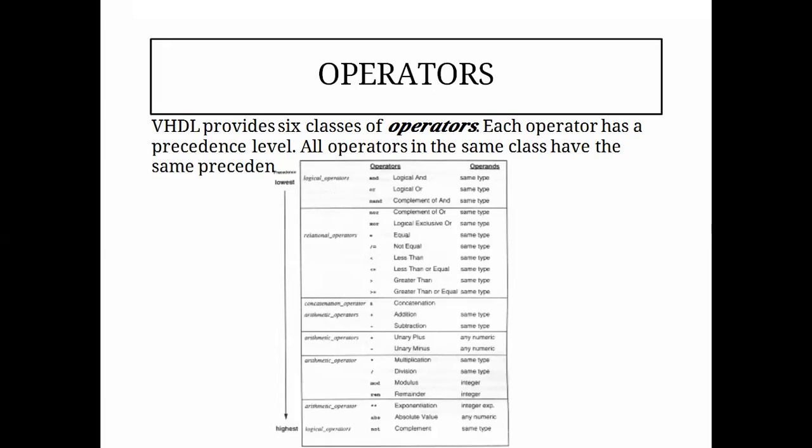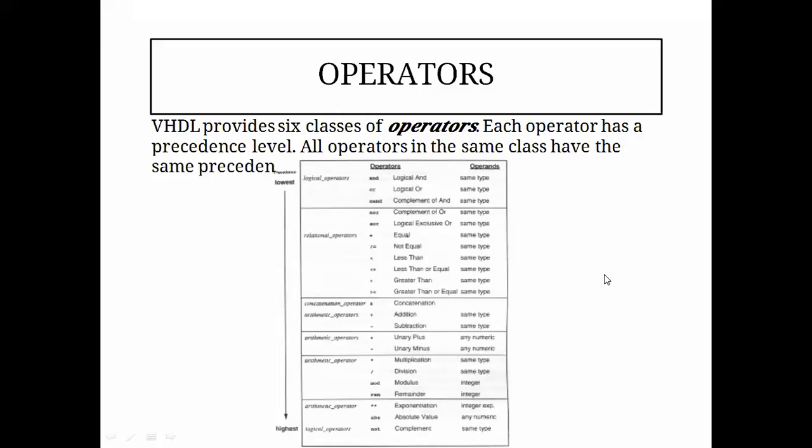These are the relational operators that tell a relation between two operands, whether it is equal, which one is less, which one is greater, greater or equal, less or equal. If you want to state a relation between any two operands, you must use relational operators.